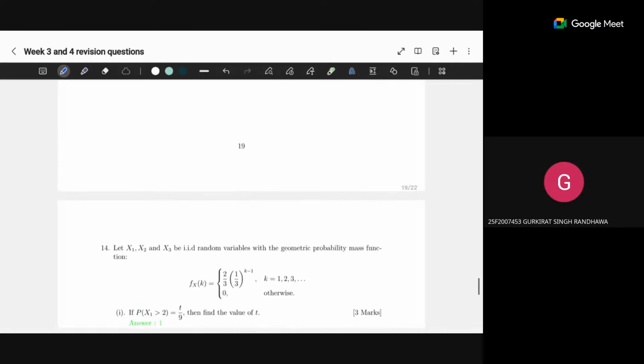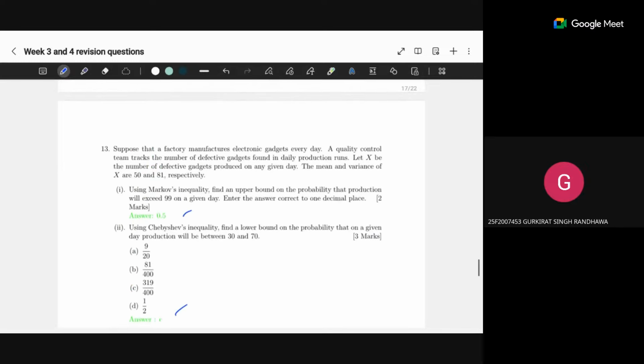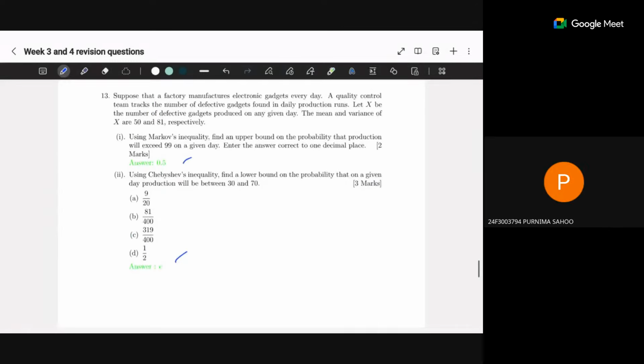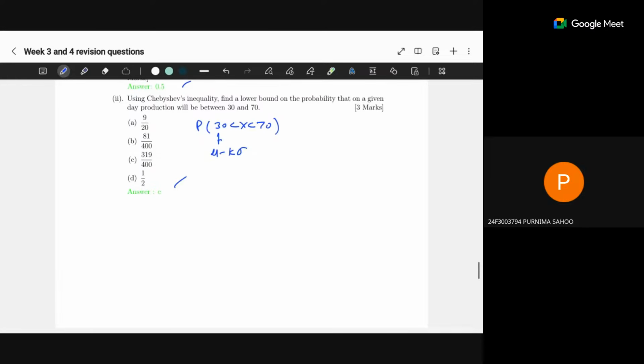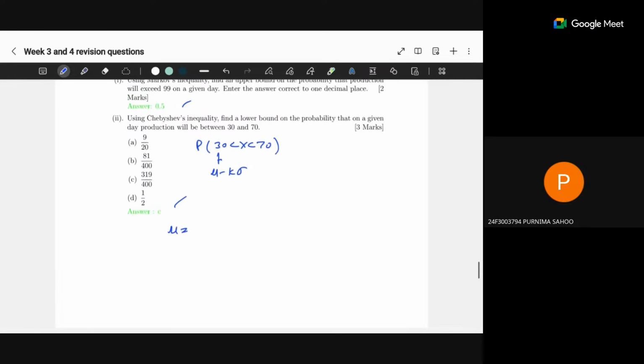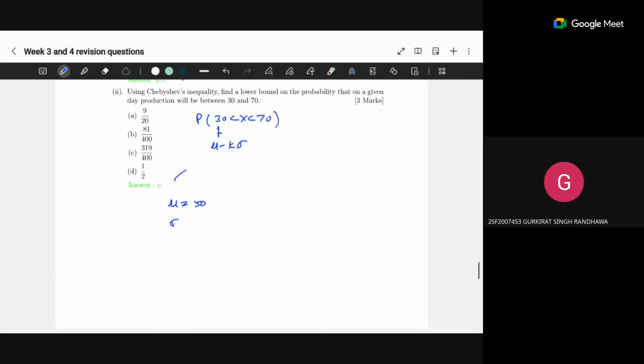One person had a doubt in the second part, right? Yes, ma'am. So the question is: suppose a factory produces defective items, and let X be the number of defective items; the mean and variance are given, using the Chebyshev lower bound. We need to find the probability that X is between 30 and 70. Mu minus K sigma: mu is 50 and the variance is 81, so sigma is 9.